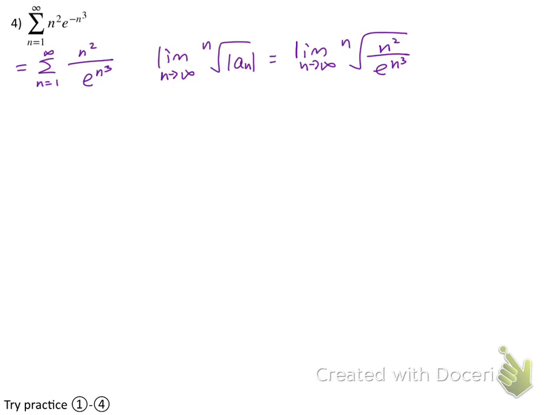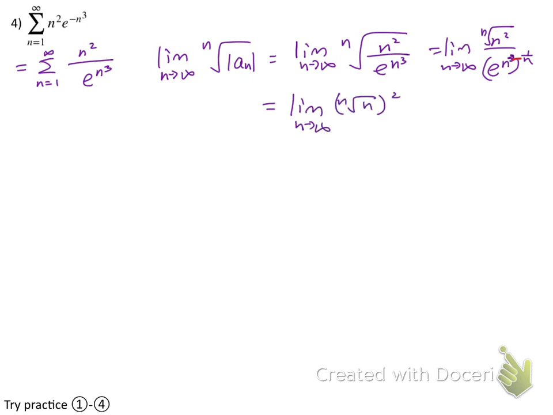And I don't know if you can get the denominator right away, so I'm going to write it with the nth root on the top, but on the denominator I'm going to say 1 over nth power, so that you can see I'm multiplying the exponents to get the limit as n approaches infinity, nth root of n squared, which is 1 squared, over e to the n third times 1 over n, which is n to the negative 1, n squared.